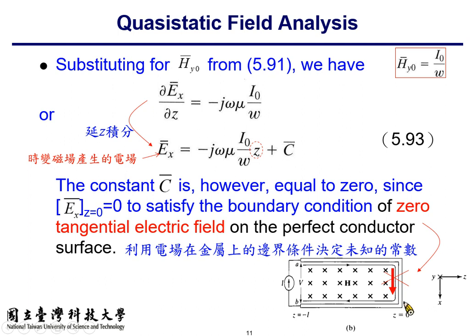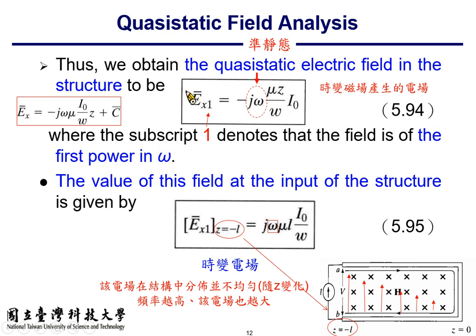So at this position, you should have no X component electrical field. So we can substitute the coordinate here, that is Z equal to 0, and you should end up with 0 as for the electrical field intensity. So to satisfy this condition, C must equal 0. Okay? So we end up with this expression for the first order electrical field of this structure.